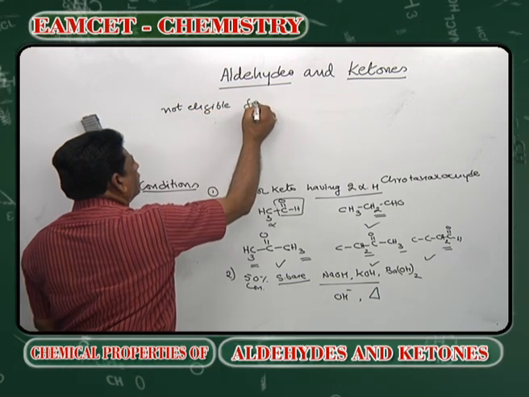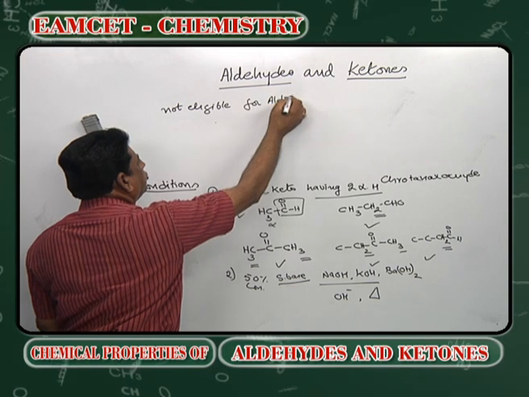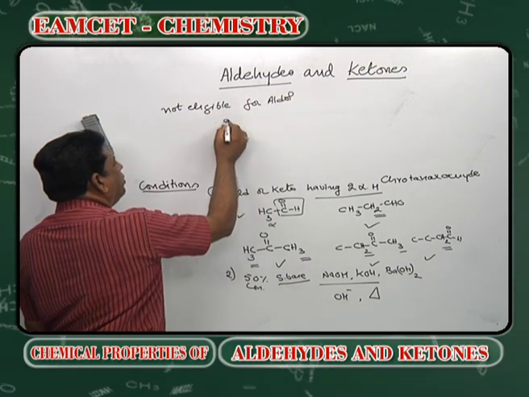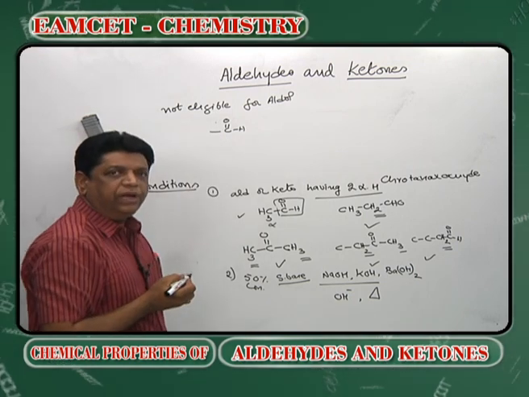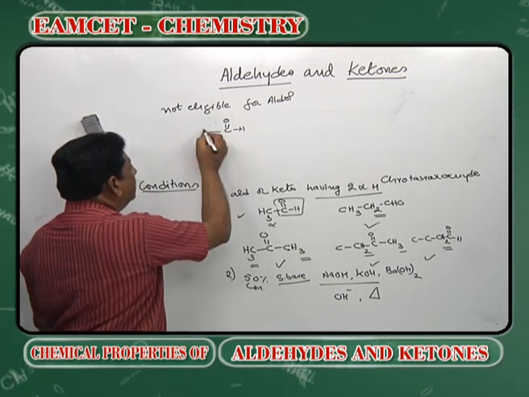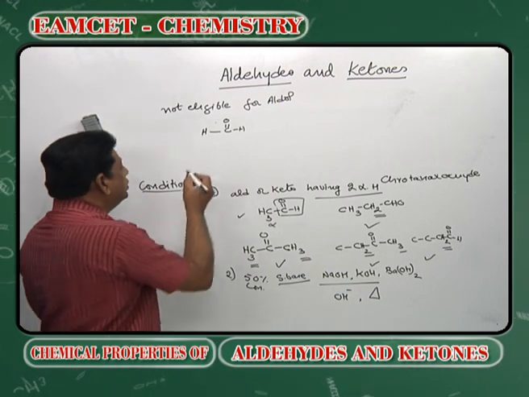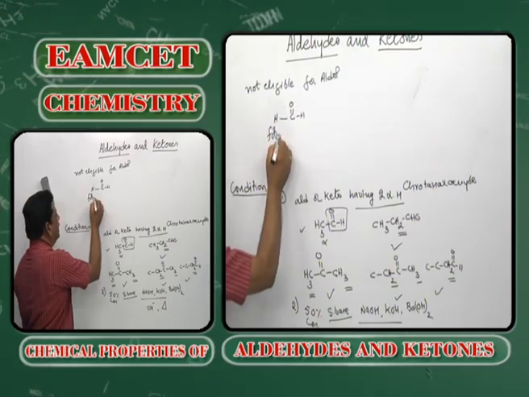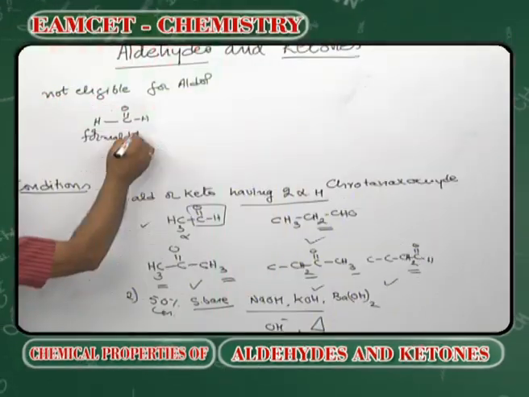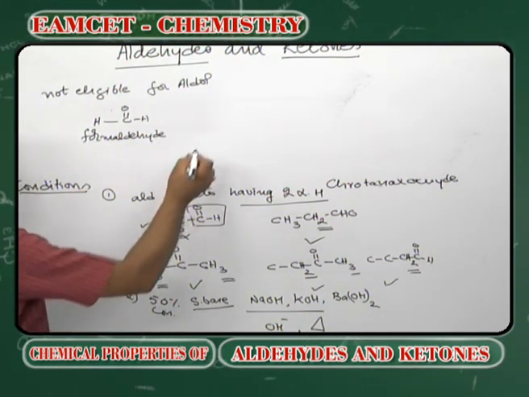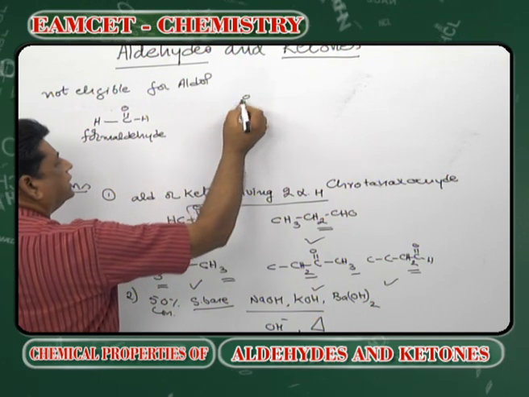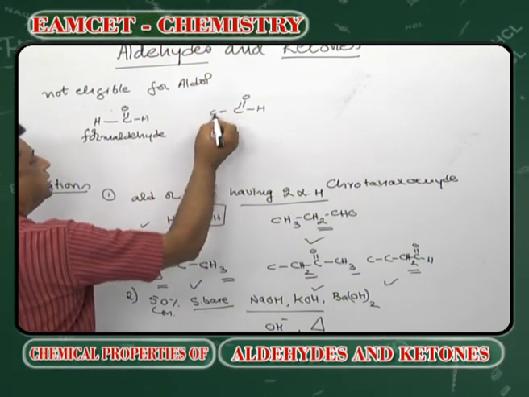Which compounds are not eligible for aldol? If a carbon is there in a carbonyl compound, the question of hydrogens will come. If a carbon is not there, and hydrogen is there, this is known as formaldehyde. So formaldehyde is not able to show this aldol condensation. Similarly, let us have an aldehyde function attached to a carbon, this is the alpha carbon.